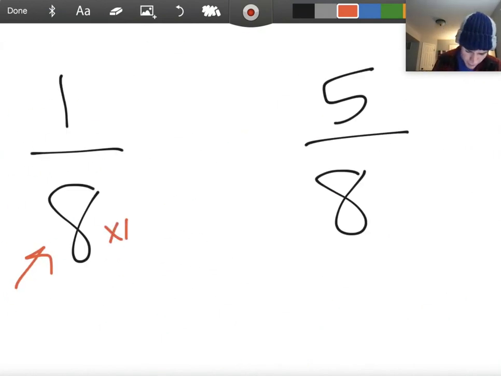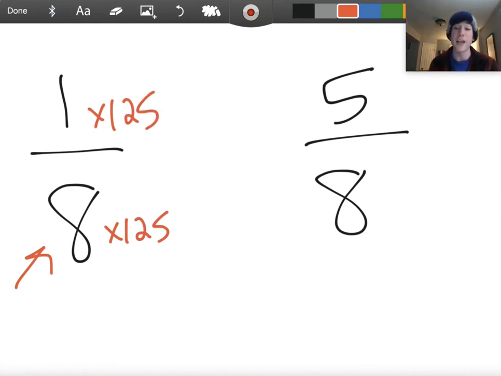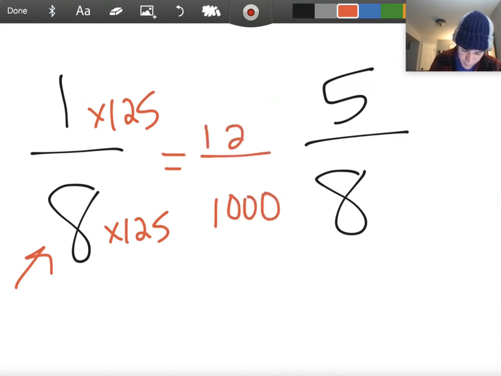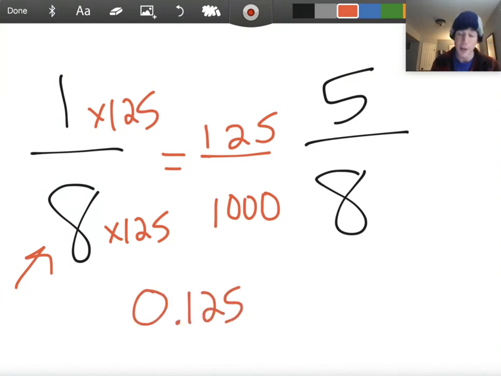So I'm going to multiply each of these because just FYI, you can't make an 8 into a 10 by multiplying by a whole number, or 100 by multiplying by a whole number, but you can into 1,000. 8 times 125 is 1,000. 1 times 125 is 125. So 1/8 is the same as 125 thousandths, which remember is half of 250 thousandths.